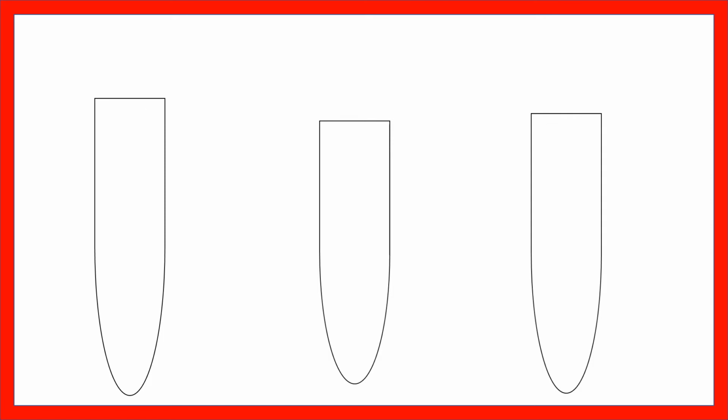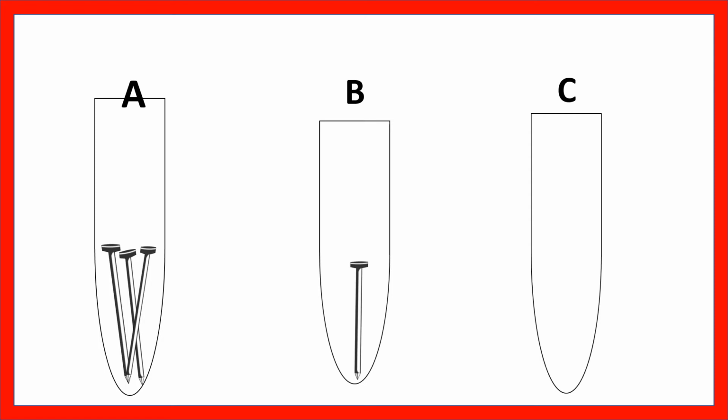We label them as A, B, C. And in each test tube, we have to place clean iron nails, like this in test tube A, test tube B, and test tube C.